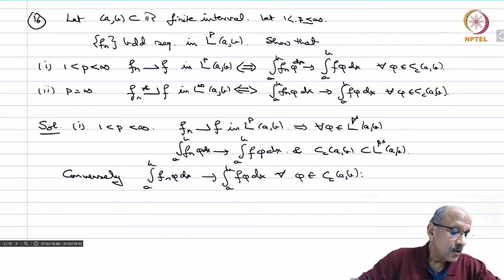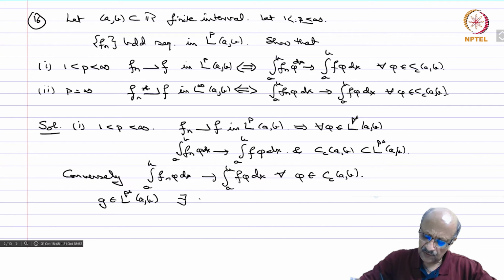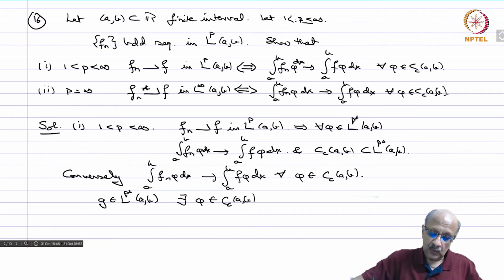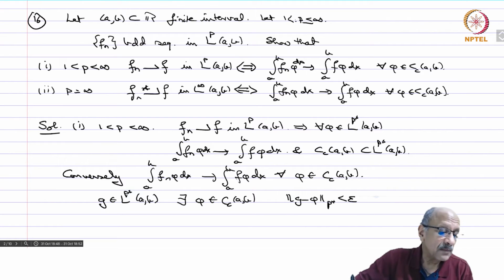Okay, so then given any g in Lp star (A,B), there exists phi in C_c of (A,B), because 1 is less than p less than infinity, so is p star. So C_c is always dense in all these spaces, such that norm g minus phi in p star is less than epsilon.